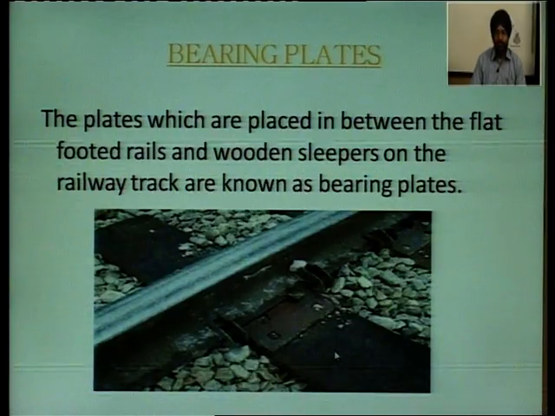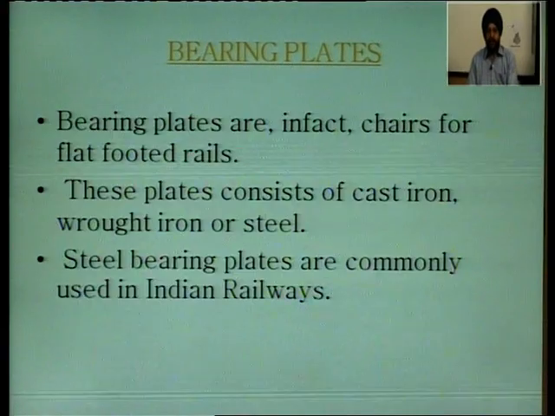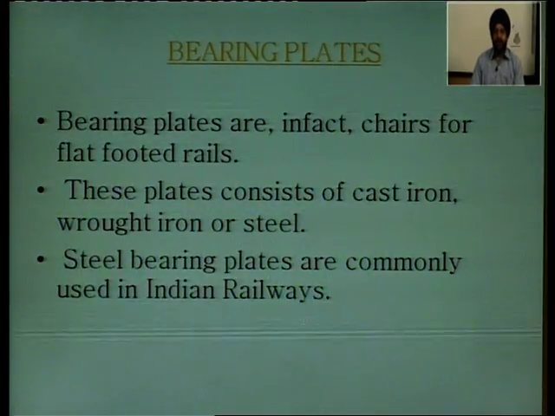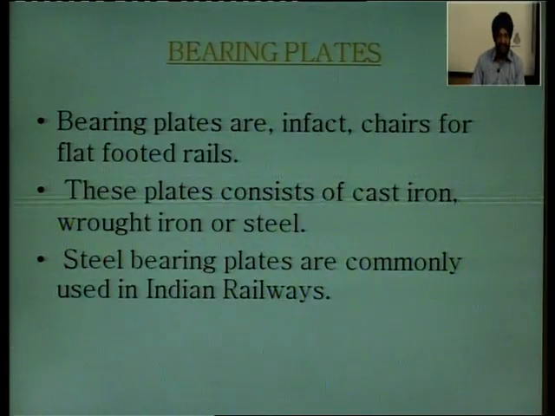Once again, repeating the definition, the plates which are placed in between the flat-footed rails and the wooden sleepers on the railway track are known as bearing plates. These bearing plates are in fact chairs for the flat-footed rails, and they are made of cast iron, wrought iron or steel.